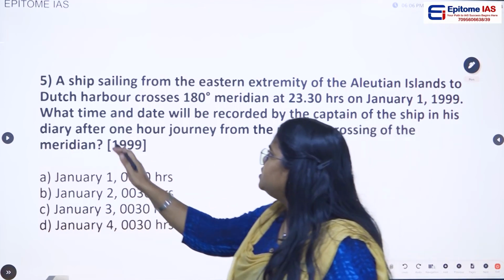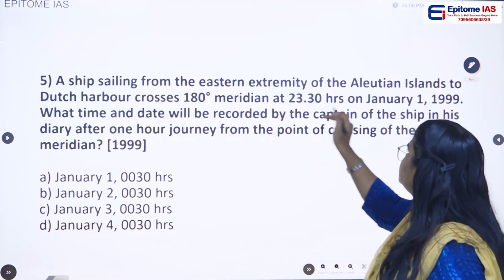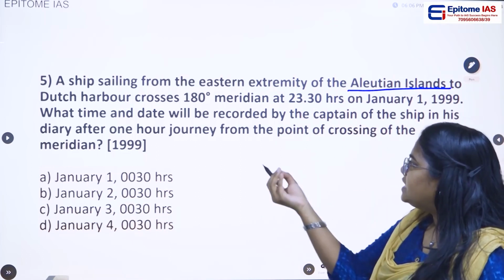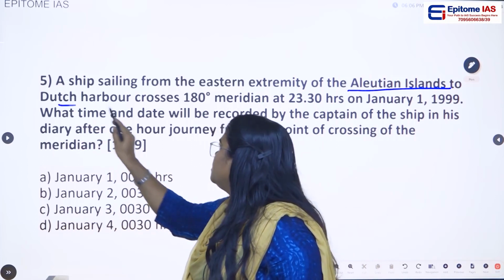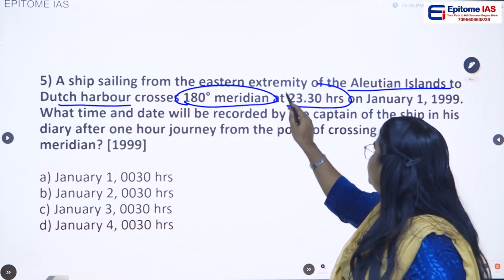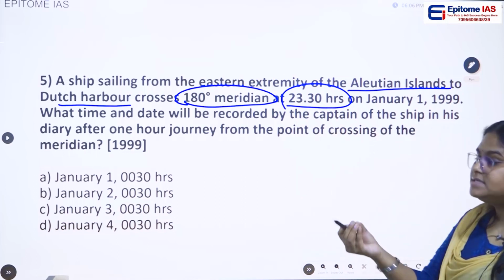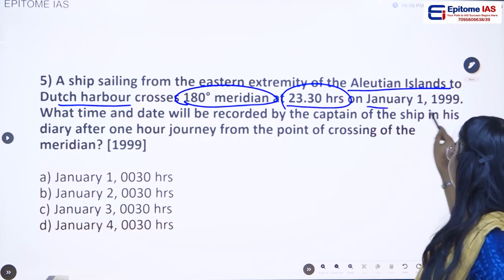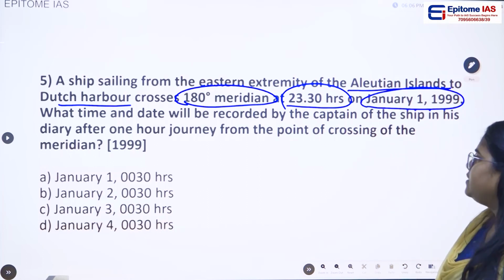So the next question: a ship sailing from the eastern extremity of Aleutian Island to the Dutch Harbor crosses the 180 meridian at 23:30 hours, that is 11:30 p.m. on January 1st, 1999.